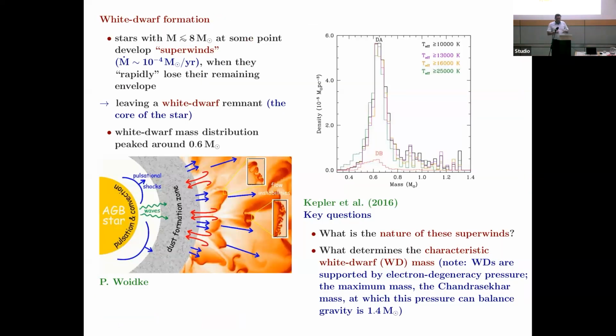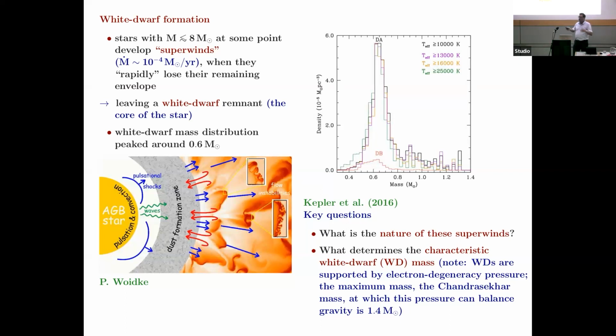Now, what these pictures show is that stars at some point start to lose their mass very rapidly. The way that's usually described in the literature is that stars at some point develop a very strong stellar wind, also referred to as a superwind. Now, this is similar to the solar wind, except that it's about 10 orders of magnitude more powerful.